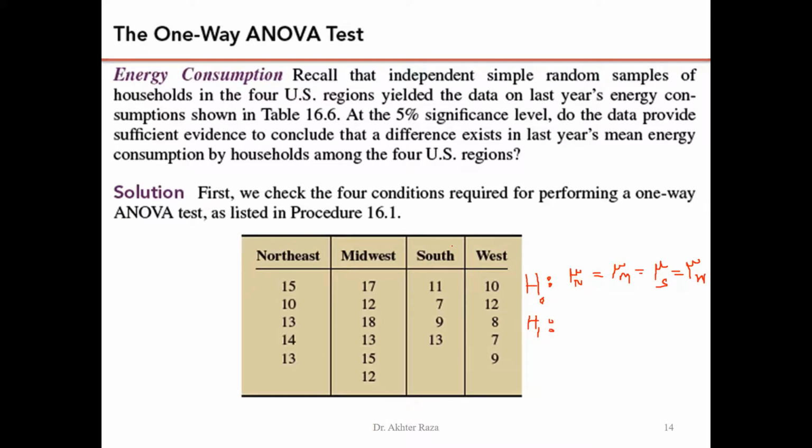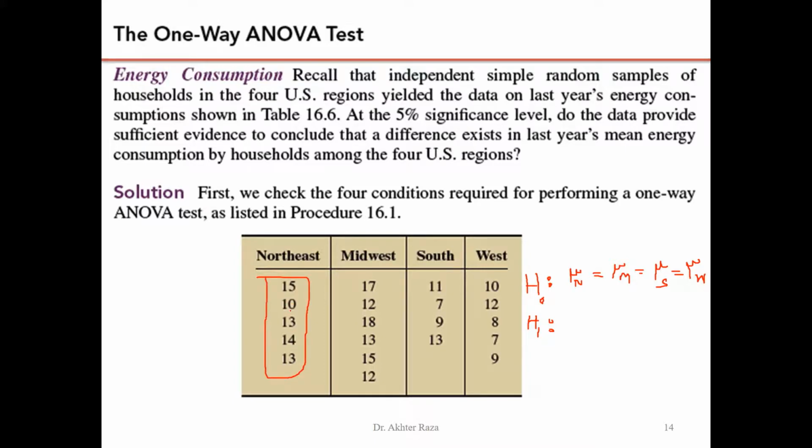Before going to test this hypothesis, we have to analyze what is the known source. The known source is the regions, because between the regions there is a possibility that differences in power consumption exist. But within the region, there may be variation, like 15, 10, 13.